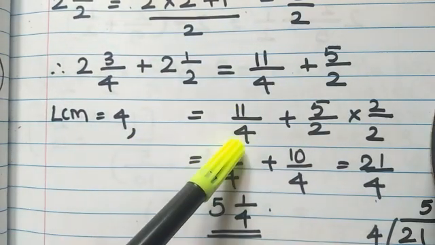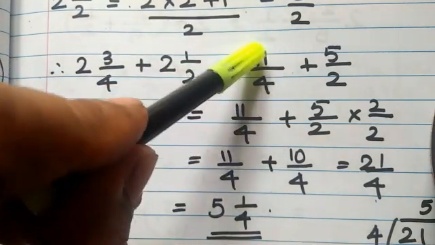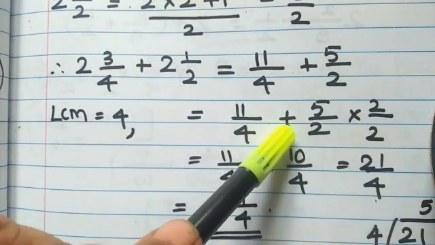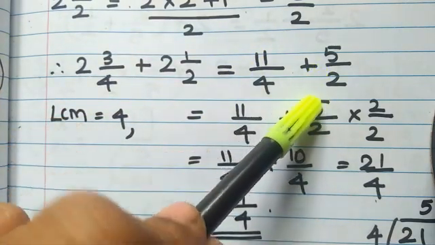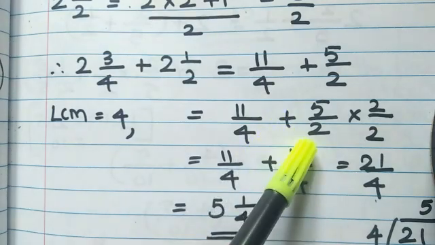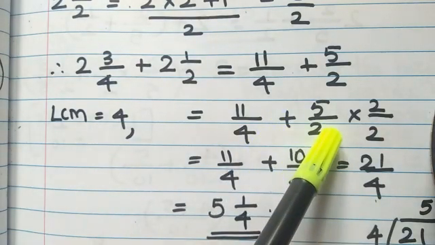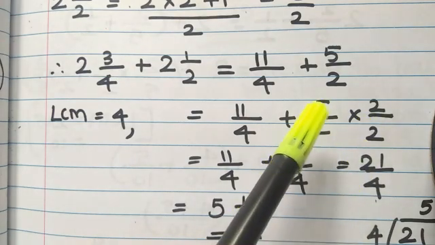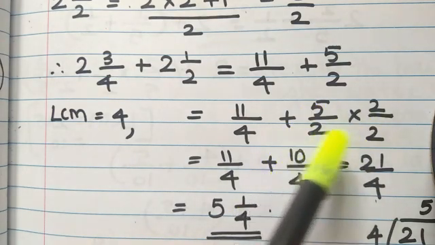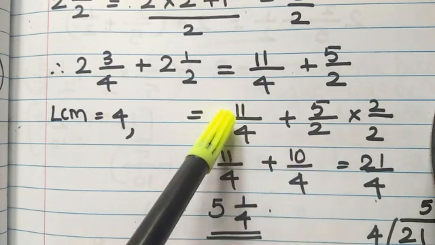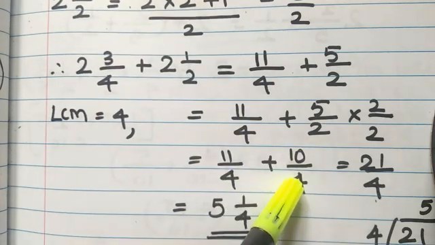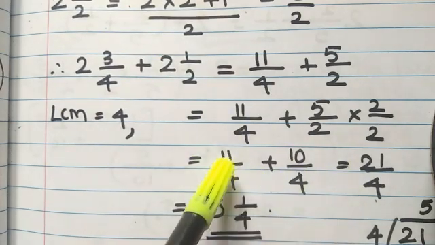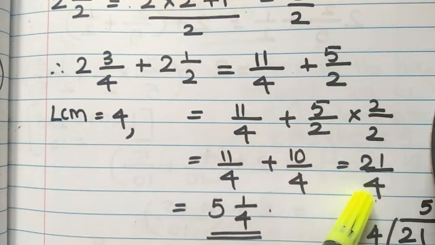So 11 by 4 we will write as before, 11 by 4 itself, plus here 5 by 2. The denominator is 2. To make 2 become 4, we have to multiply by 2 by 2. So 5 into 2, 10 by 2 into 2, 4. So 11 by 4 plus 10 by 4 is equal to 11 plus 10, 21 by 4.